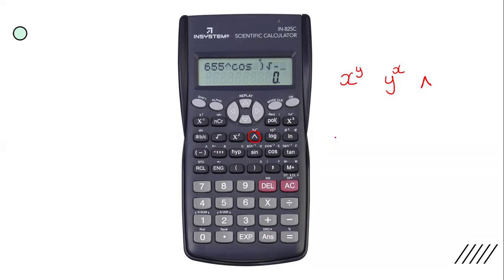So to find the power of a number, we have, for example, 9 to the power of 7. You would first click the number 9. Next, you're going to click the power button, that is this one.